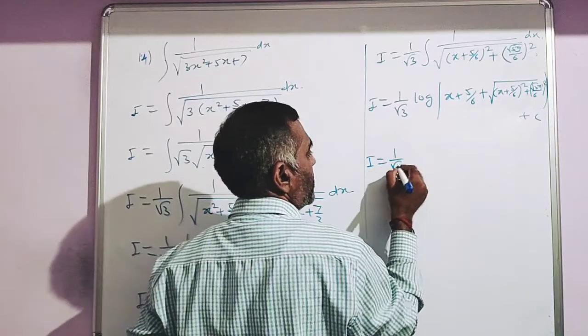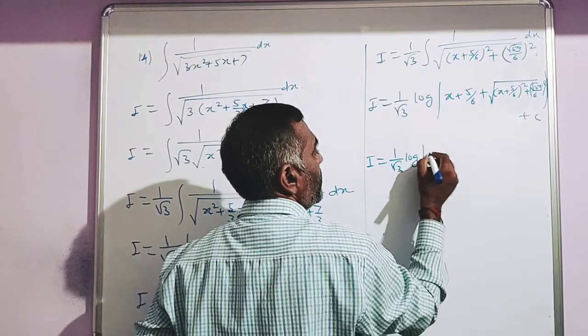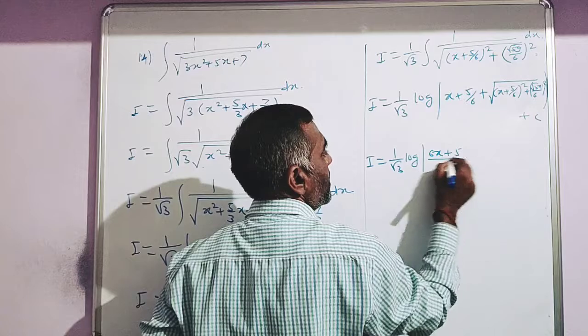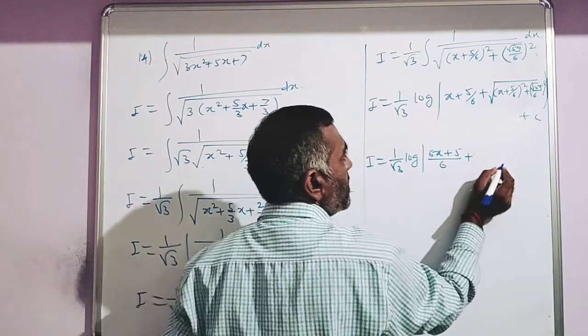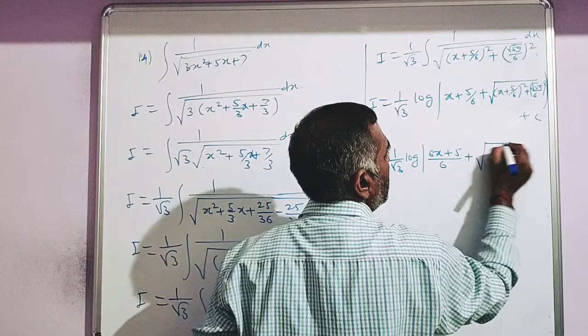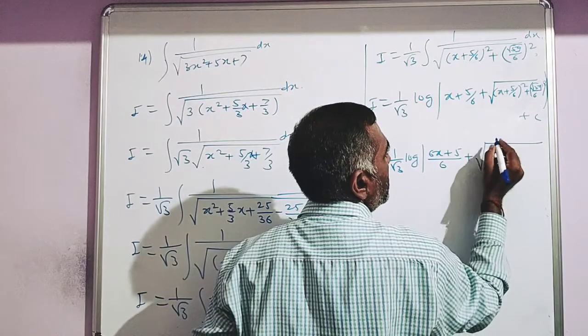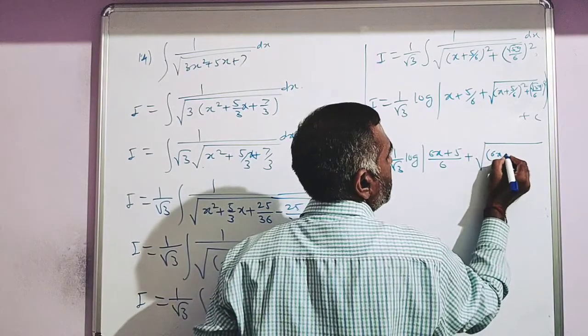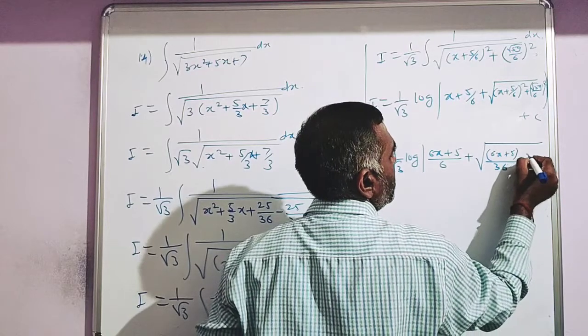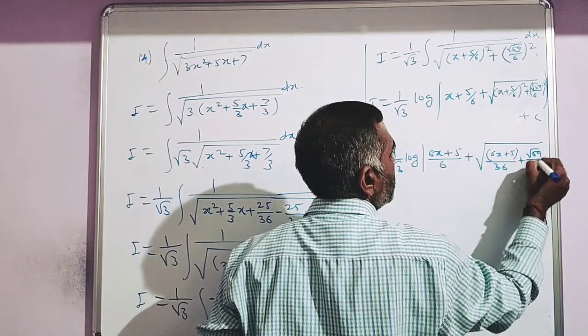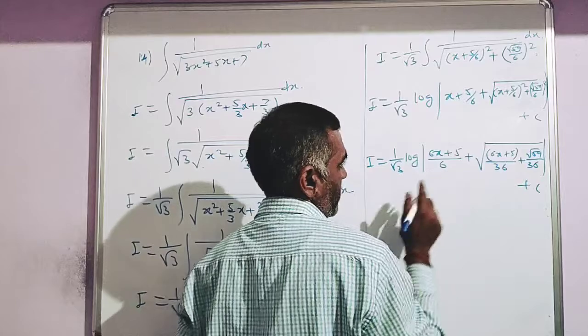I is equal to 1 by root 3 into log of mod of 6x plus 5 upon 6 plus under root 6x plus 5 upon 36 plus under root 59 upon 36 plus c.